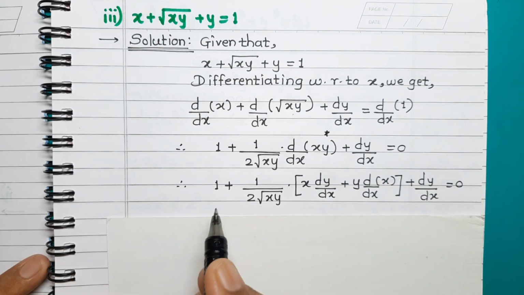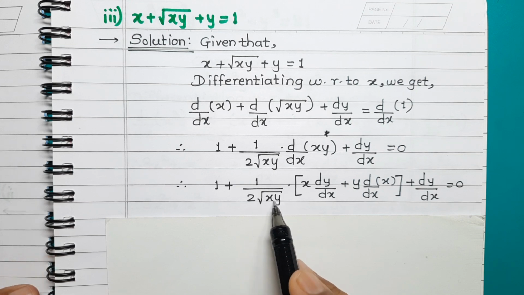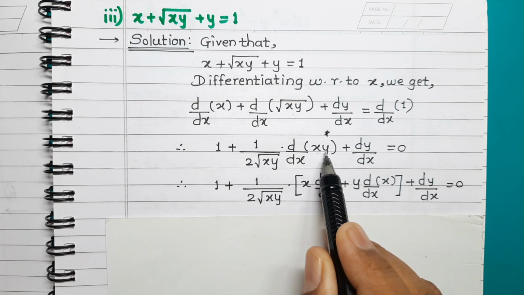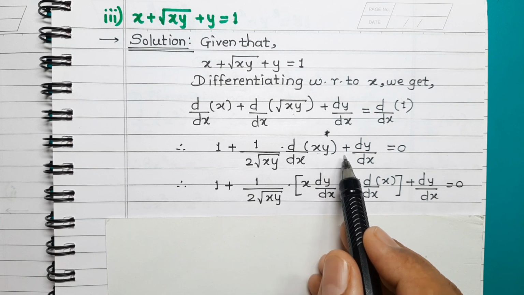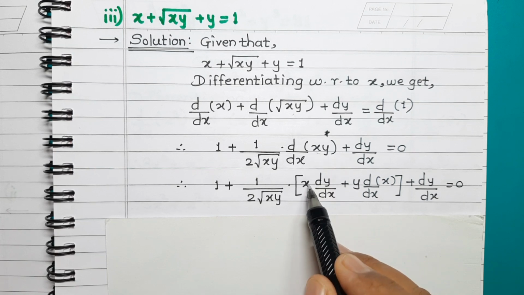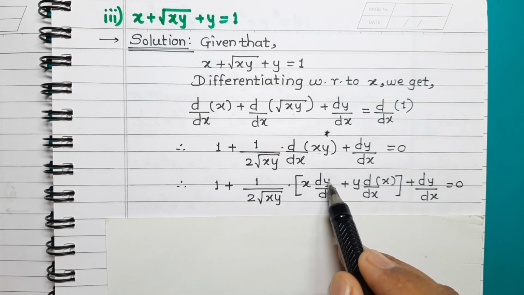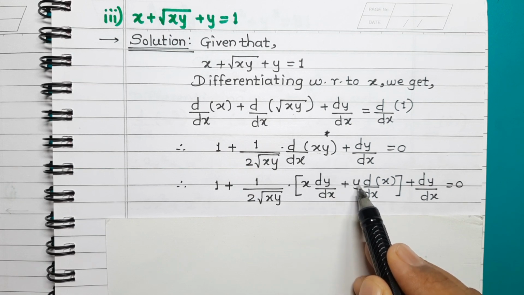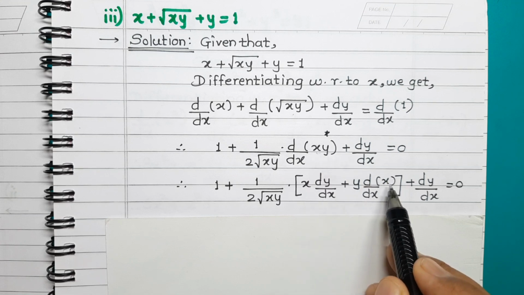So we have, see, 1 as it is plus this term as it is 1 upon 2 root xy into, now see here it is product of two functions. Okay, so treat x as first function and y as second function. So first term x as it is into derivative of second function which is dy by dx plus second function as it is y into derivative of first function which is this x.